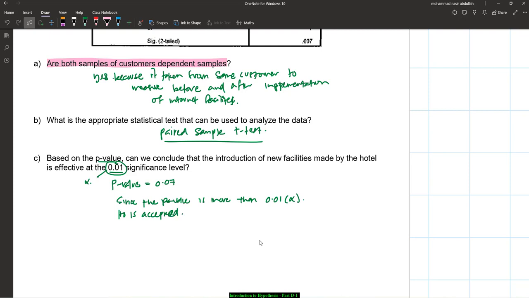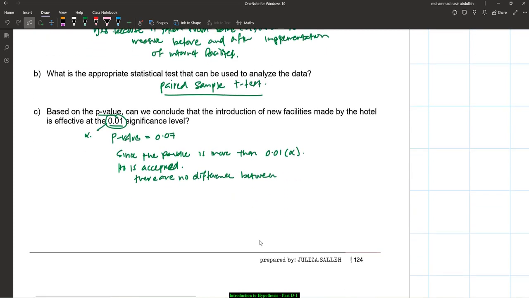So it means that there is no difference between before and after implementation.